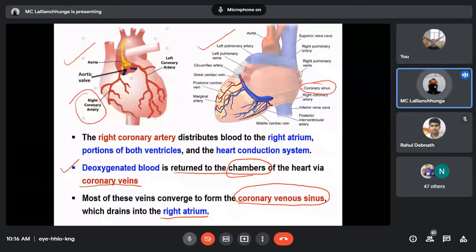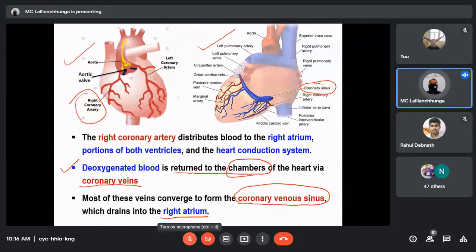It is very simple. The circulatory system in the heart, the coronary circulation, has two main arteries, right and left. Arteries are divided into smaller arteries, and ultimately become arterioles. Each arteriole is divided into a number of capillaries. A number of capillaries join together and form a venule.